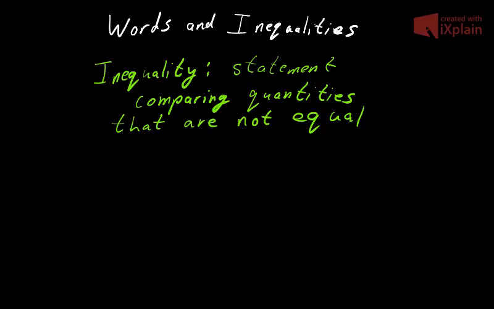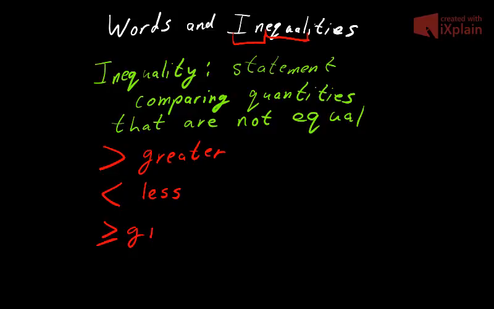Obviously inequalities has this equal word there, and in means not. So not equal. We're talking about things that we can't use the equal sign for today and some other things we can use. So our possibilities here are going to be this, which is the greater than symbol. Right here is less than. This is going to be greater than or equal to.